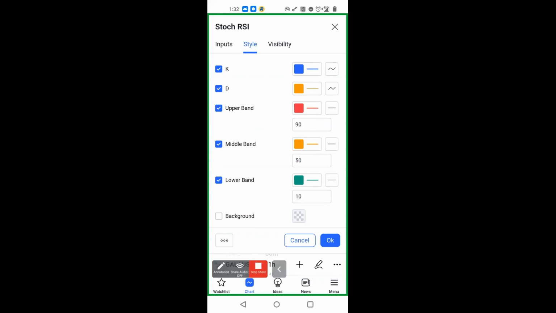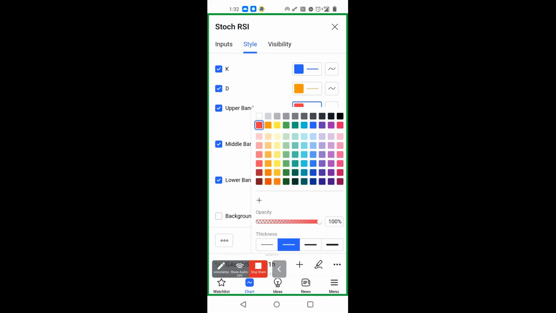Just tap on the color area. Yours will come black, plain. Choose the color you want. I don't restrict colors. Make sure the opacity is 100, and you can also increase the thickness of this line.